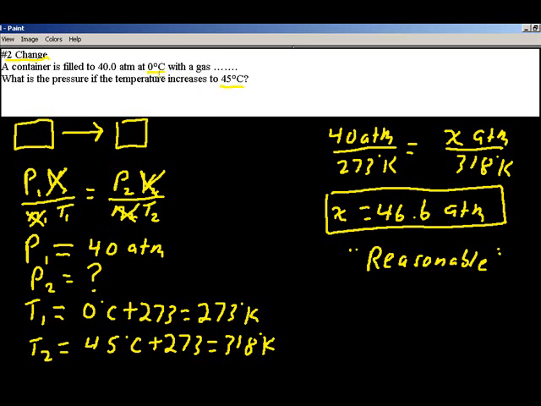Now I know that if I increase temperature, I should get an increase in pressure. I started at 40, so I should see the pressure go up. And in fact, I did. Now I don't know if 46.6 is the actual answer, but I do know that this answer is a reasonable answer because the pressure increased as expected. And so it's worthwhile keeping that idea in mind.